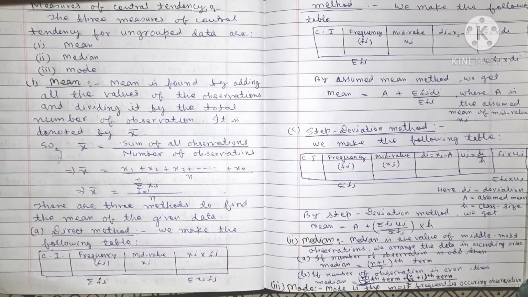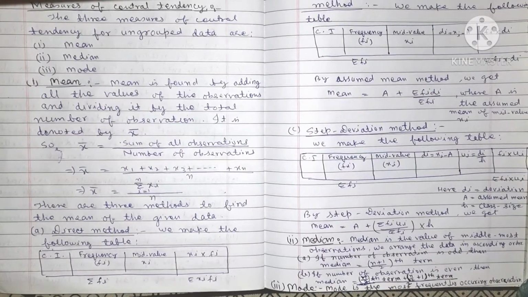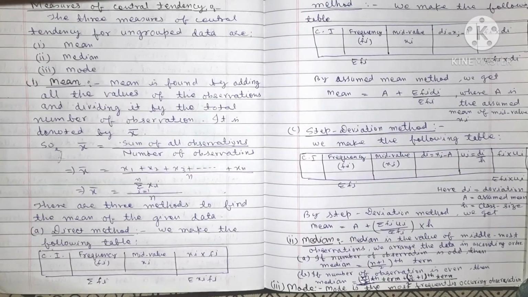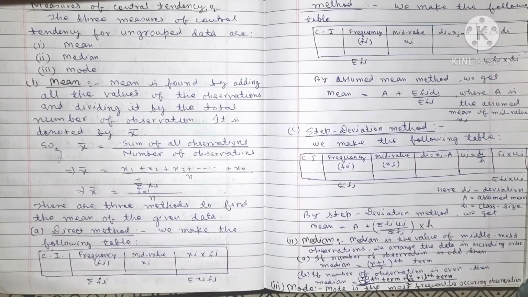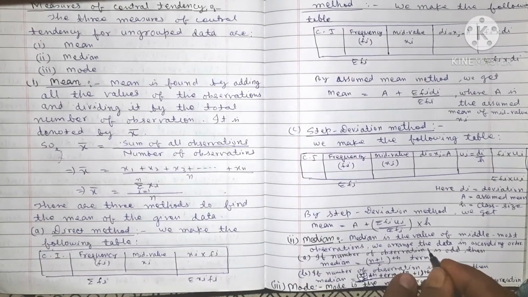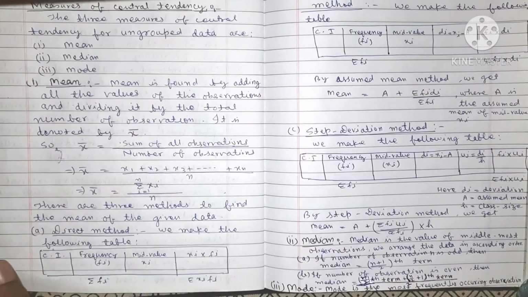Second, median. Median is the value of the middlemost observation. We arrange the data in ascending order. A. If the number of observations n is odd, then median equals the (n plus 1) by 2th term.